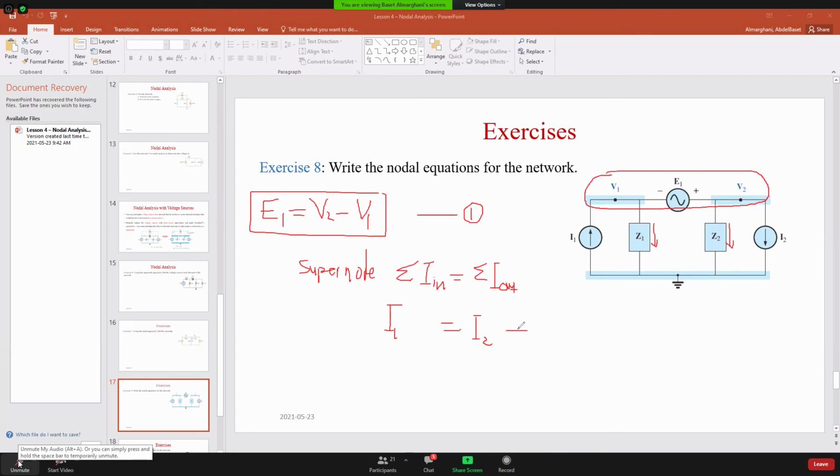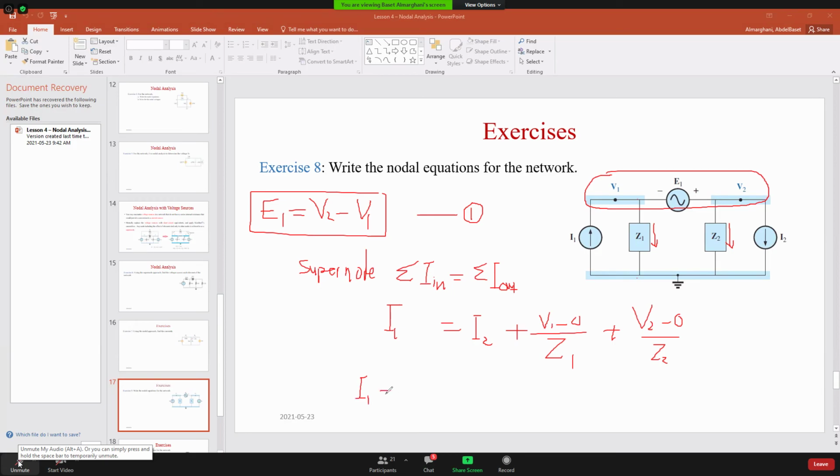So, Ohm's law, voltage here is V1 minus 0 plus V2 minus 0. This is the voltage across the second impedance divided by the second impedance. Now, do you need to simplify it? Not really.